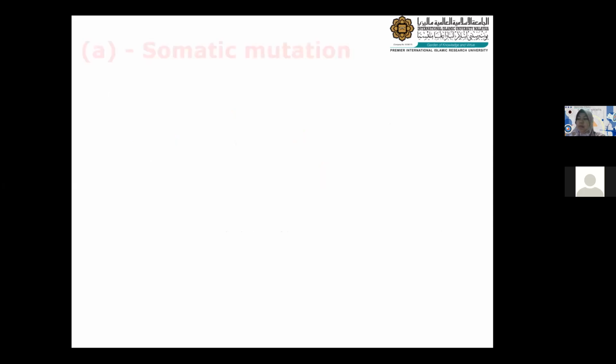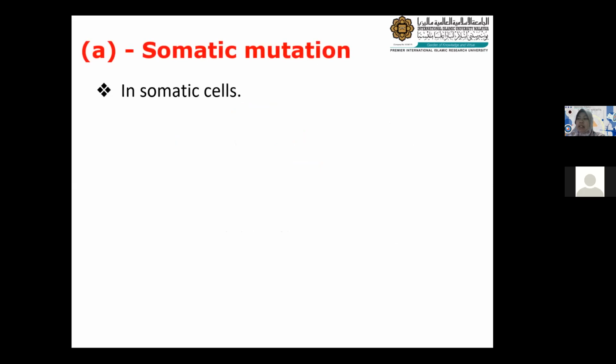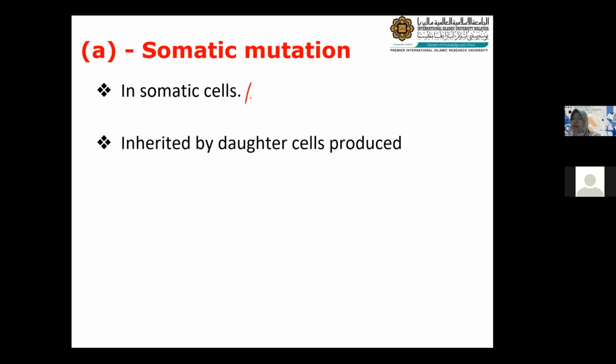Okay. So let's look at somatic mutation first. Somatic mutation happens in somatic cells. Somatic cell apa? Somatic cells are all cells, selain gamete.